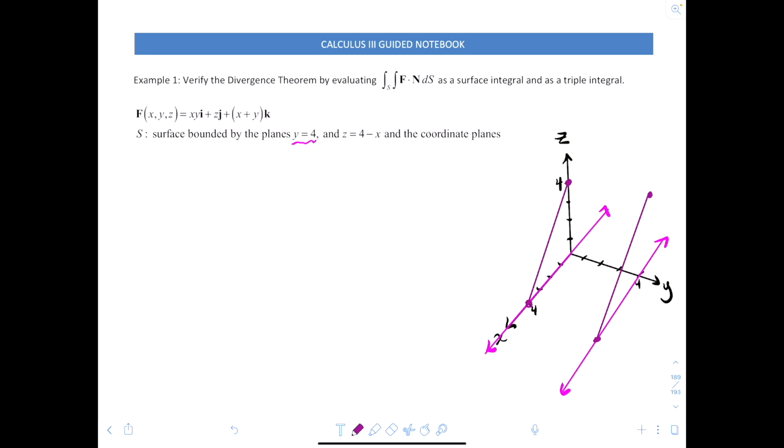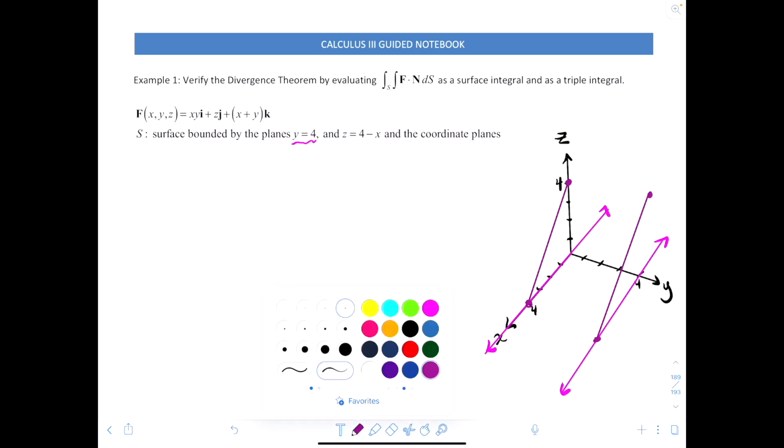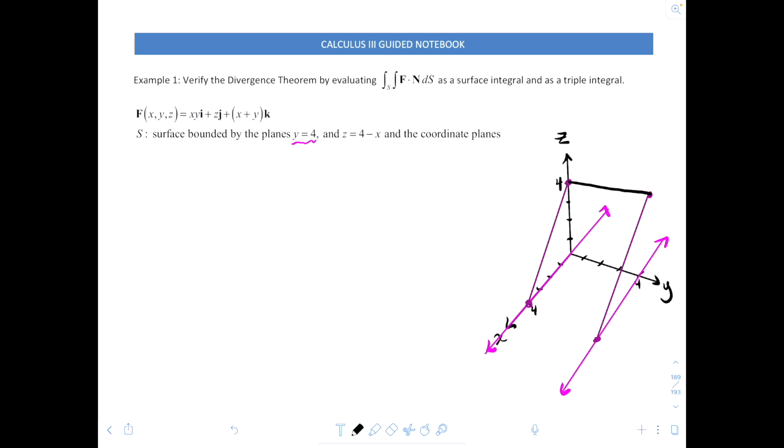And then finishing off the picture, we would have this and this, and then down to here. Groovy? So that's what it's going to look like.